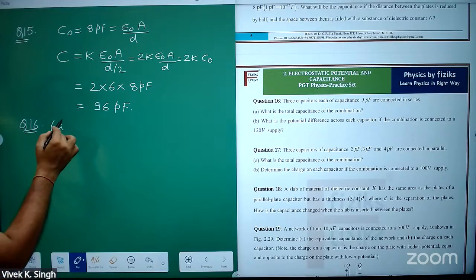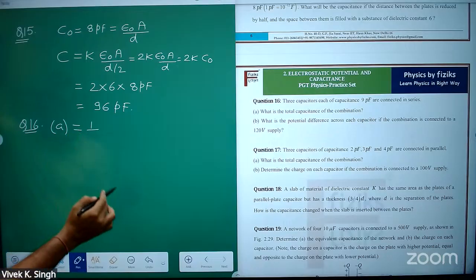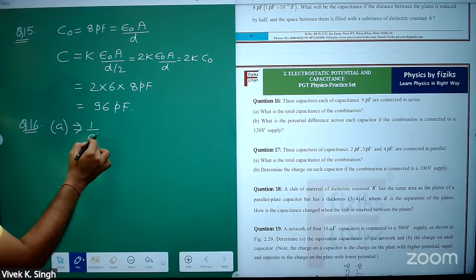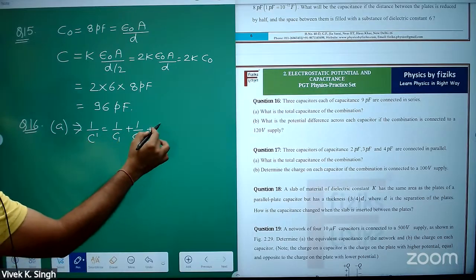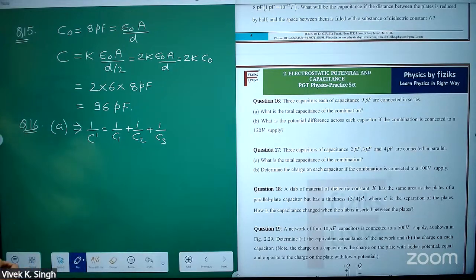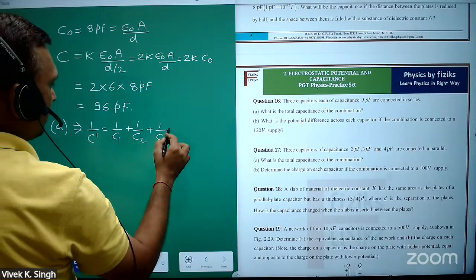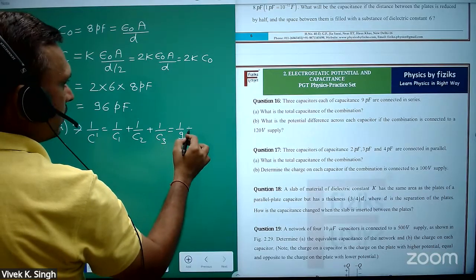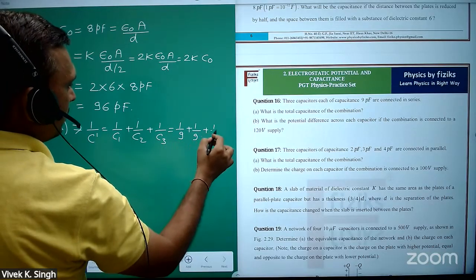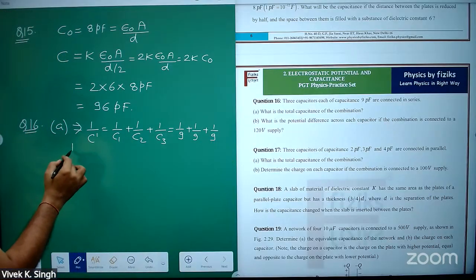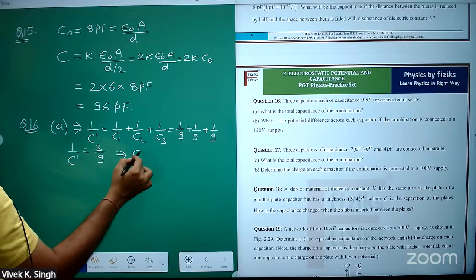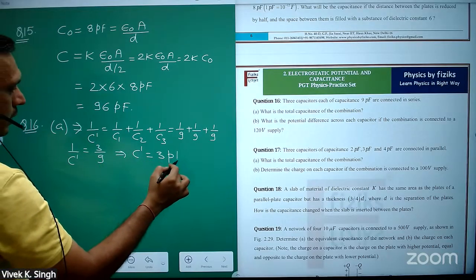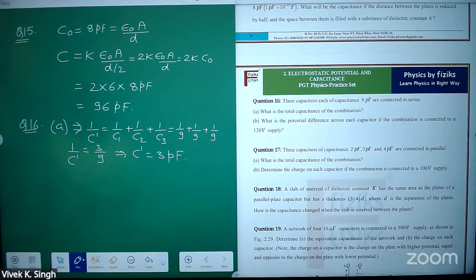In series, it is given by 1 by C dash equals 1 by C1 plus 1 by C2 plus 1 by C3. So this will be 1 by 9 plus 1 by 9 plus 1 by 9, that is 3 by 9. So C dash is 3 picofarad.